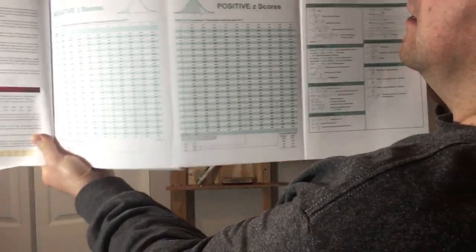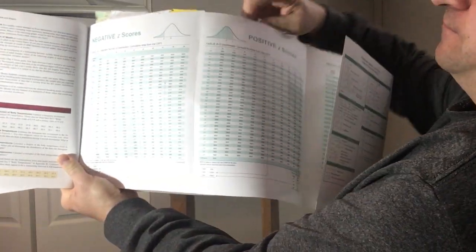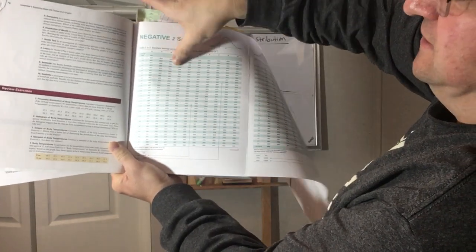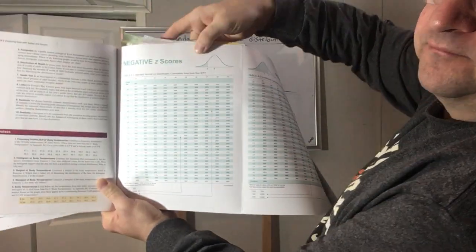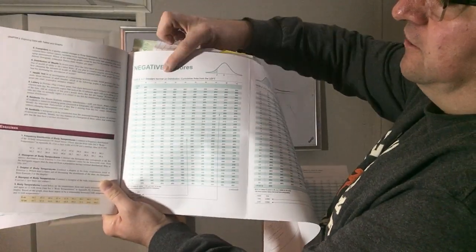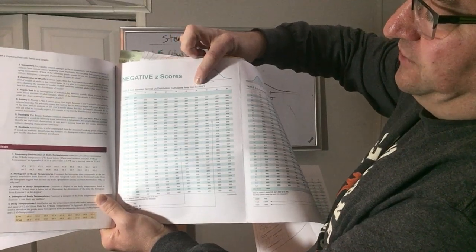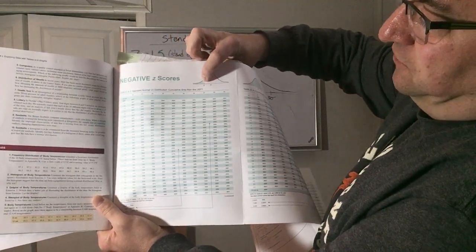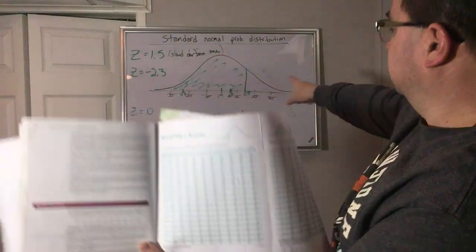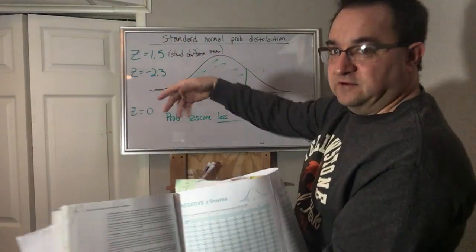Notice how it's got the pictures up here. All the data in here, it says at the top, cumulative area from the left. So whatever the z-score is, it's going to be on the left. Kind of like what we're doing here, it's on the left.